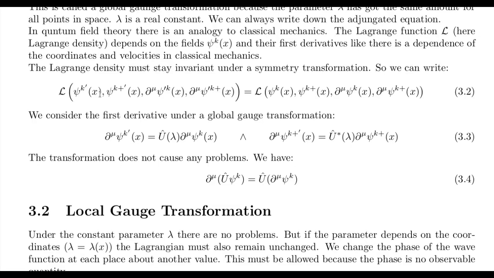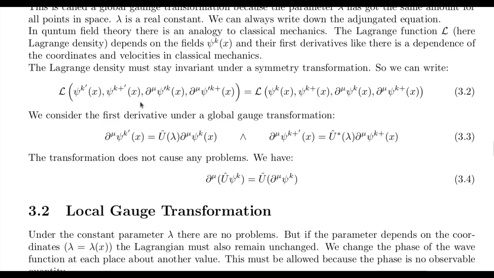So we can write for the Lagrange density, in the easiest version, the wave function, the adjoint wave function and the derivatives. This function must be equal to the transformed Lagrange density function. Here the transformed things are written with a prime.